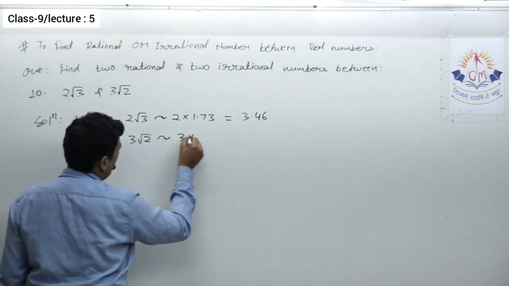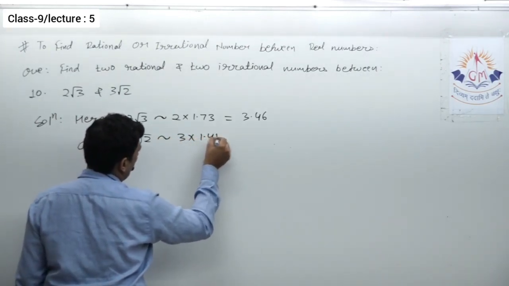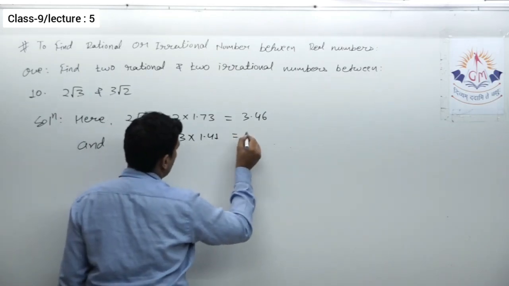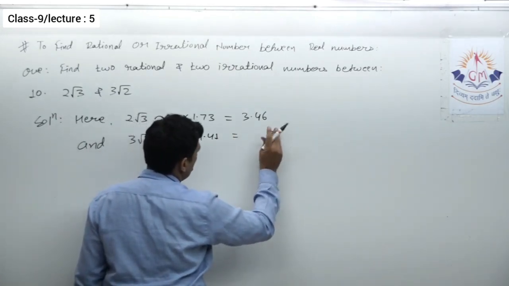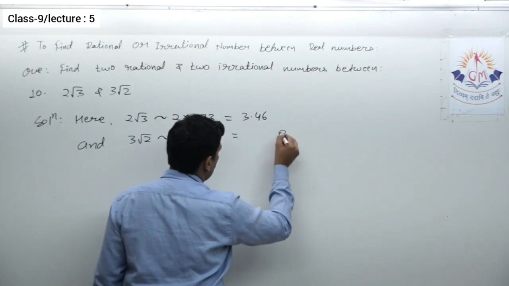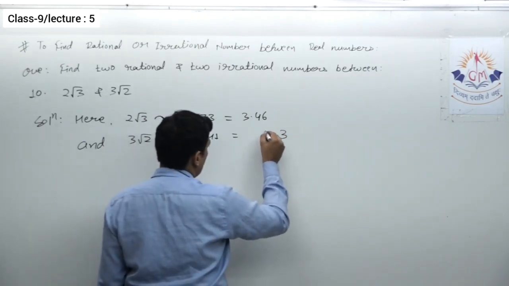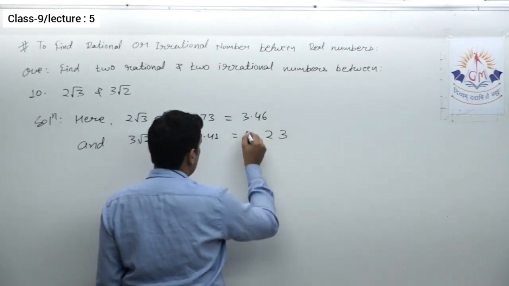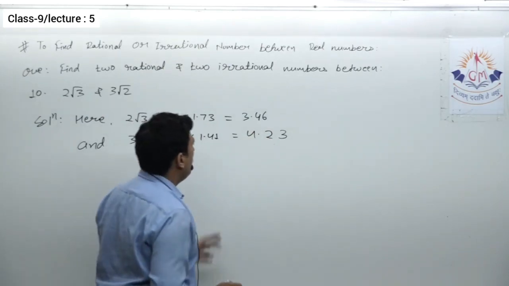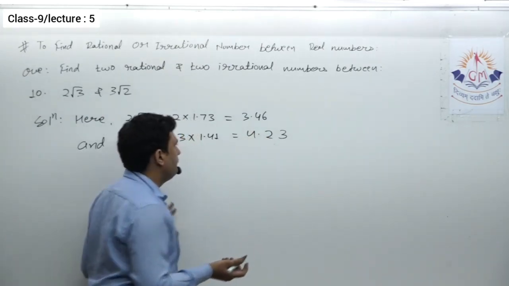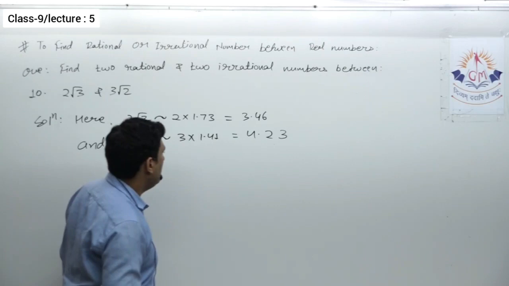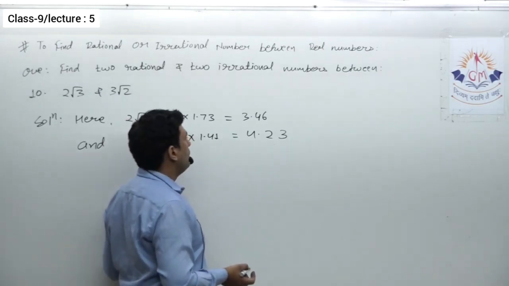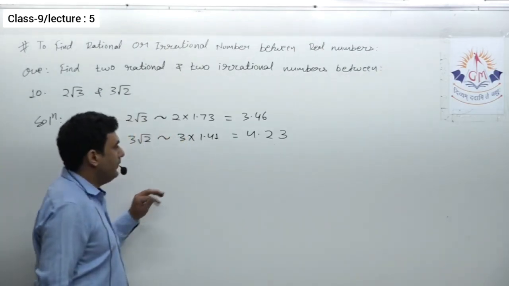So 3 multiplied by 1.41 gives you 4.23. So 3.46 and 4.23.